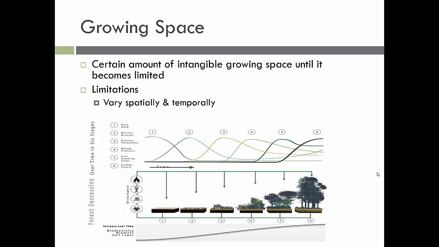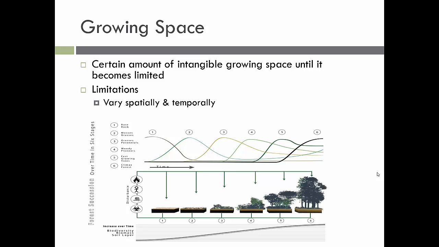So talking about this idea of variability in space, we can think of this idea of growing space. This is a concept that encompasses all these intangible aspects of what trees need to grow, and this is what's on a site. This is your growing space.